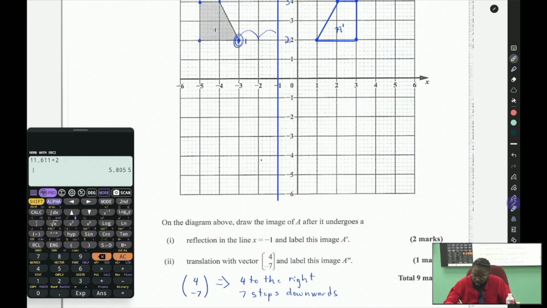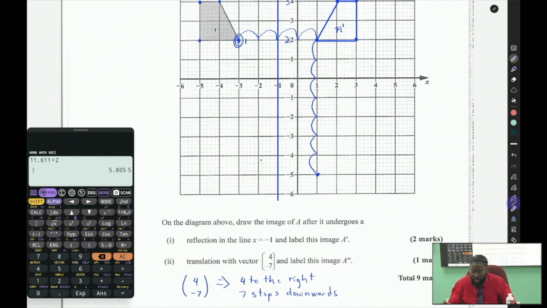So 1, 2, 3, 4. That is 4 to the right, 7 downwards now. 1, 2, 3, 4, 5, 6, 7. So that is our first point.